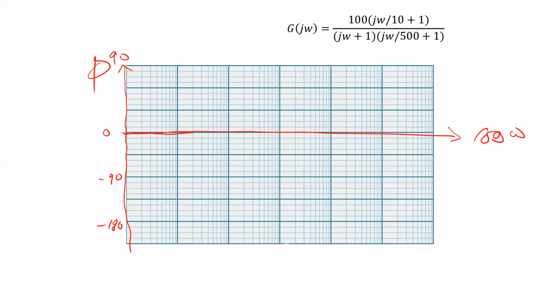Now, let me start with the first corner frequency at 1. So I have corner frequencies at 1, at 10, and at 500.